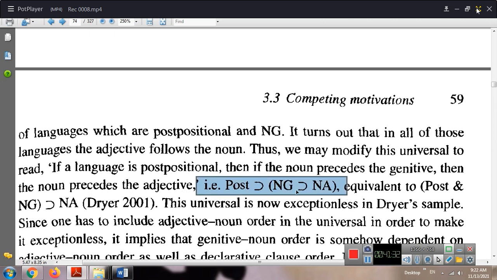Maybe I showed you this formula and you should know that it is a complex implicational universal, not simple. We read it this way: if a language is postpositional, then if the noun precedes the genitive, then the noun precedes the adjective. Equivalent to: post and noun genitive, then noun adjective.